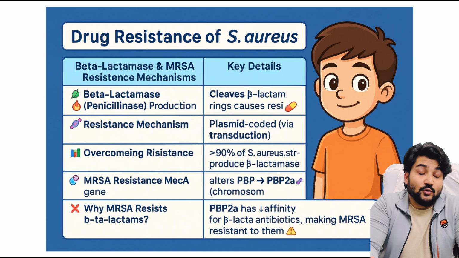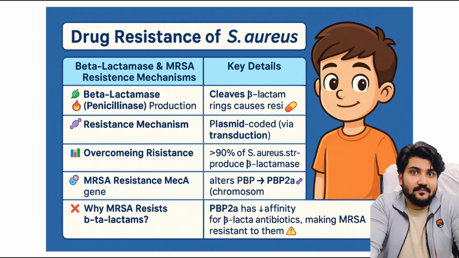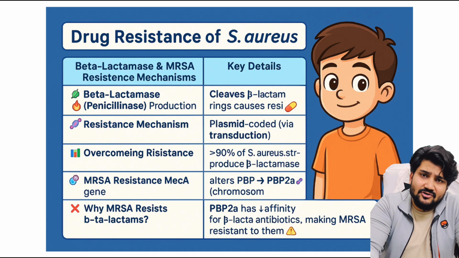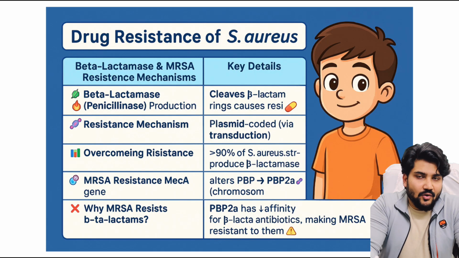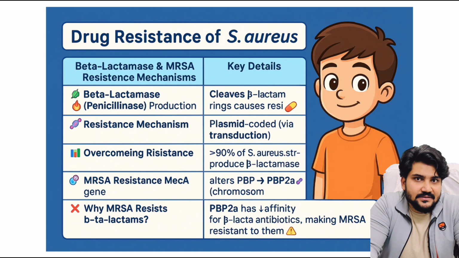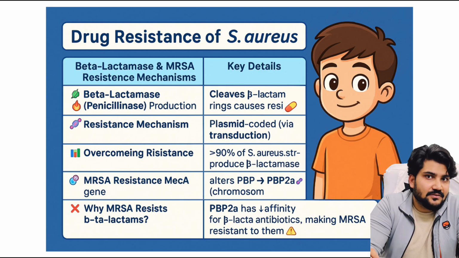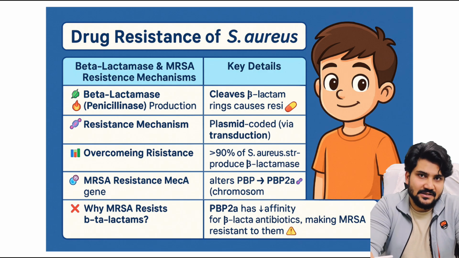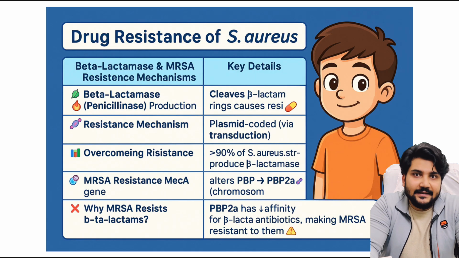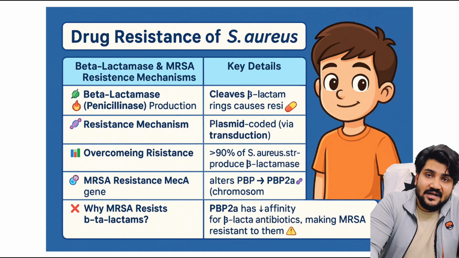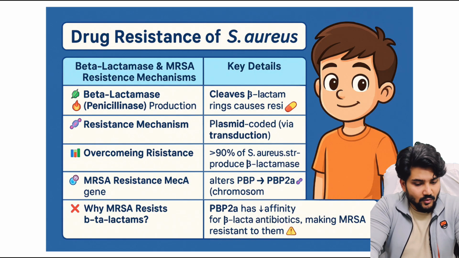So how does this resistance take place? It is through the transduction mechanism, and they are plasmid coded. The most important thing you need to understand, this is a PYQ: mostly drug resistance is through conjugation, but in Staphylococcus aureus, beta lactamase resistance is due to transduction.